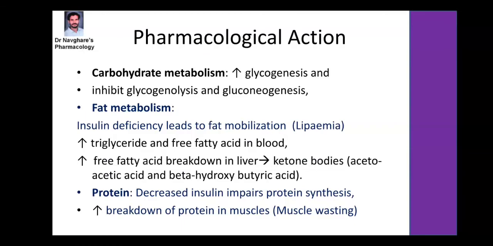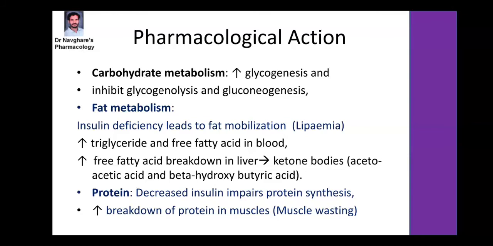So now we discuss the pharmacology of insulin. What are the pharmacological effects produced by the insulin molecule? The first action is on carbohydrate metabolism. It increases glycogen synthesis, that is glycogenesis, and inhibits glycogenolysis and gluconeogenesis processes.